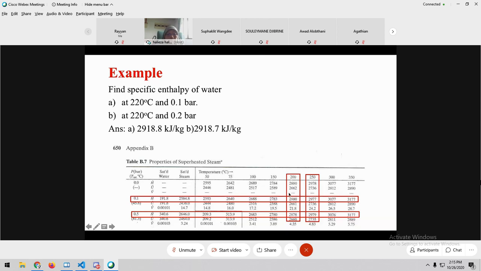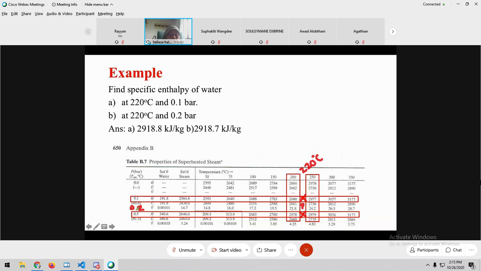That is the value at 0.1 bar, 220 degrees C, after you interpolate. That's one value. Now at 0.5 bar, you interpolate at the same temperature of 220 degrees C. Same.